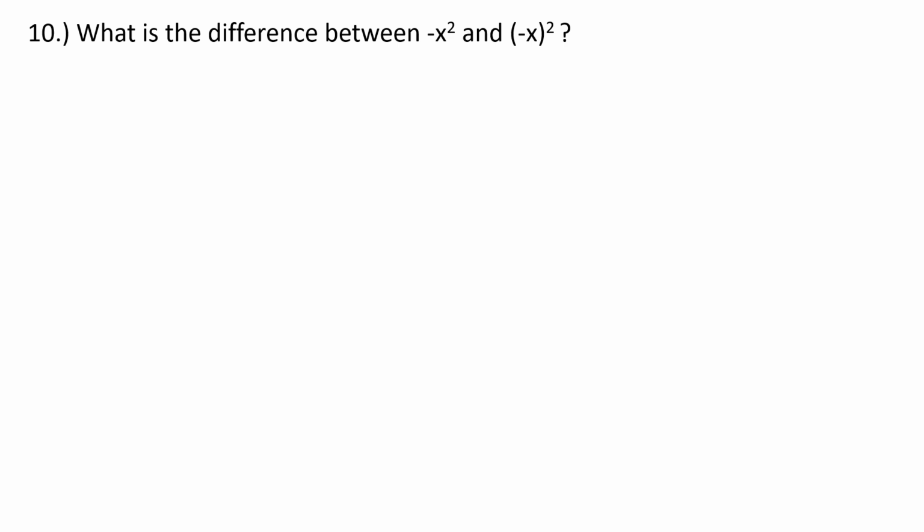What is the difference between -x squared and (-x) squared? Now, when we say these out loud, they often will read identically. Like we'll read the words "negative x squared." Sometimes you will hear with this second one, "negative x all squared."